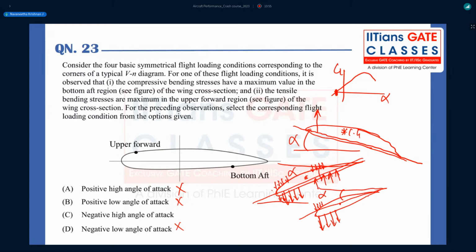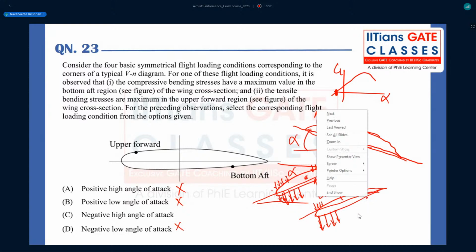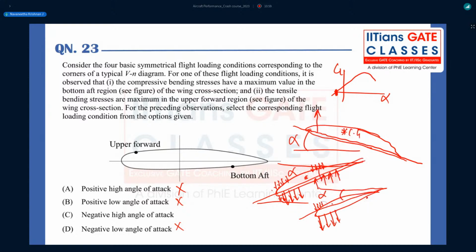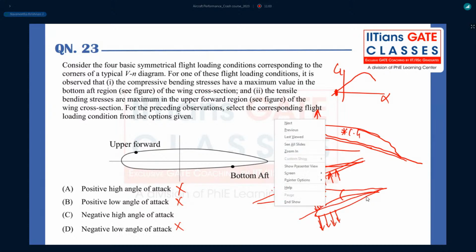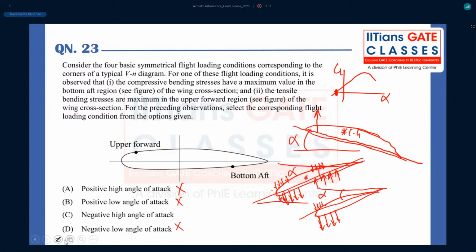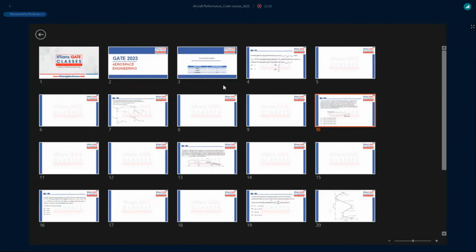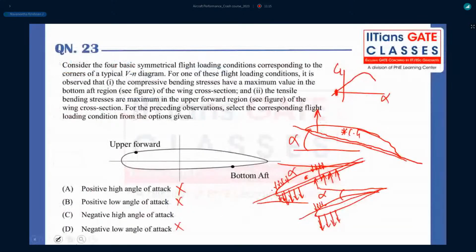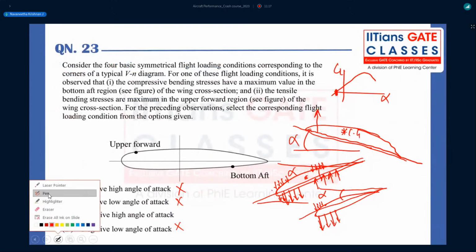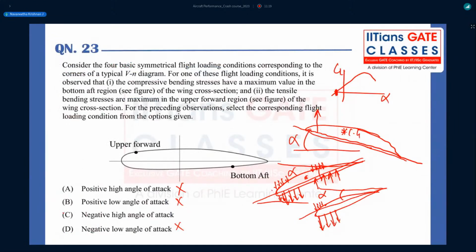But at the bottom, you will be experiencing a compression. So the only correct answer is option C.